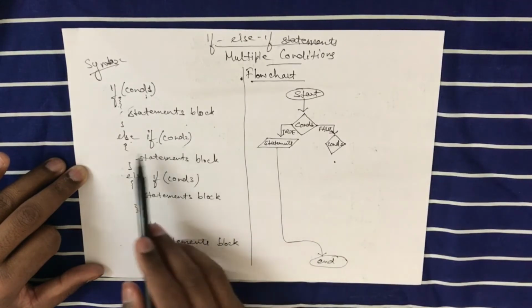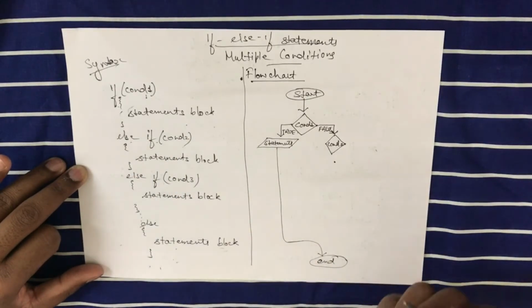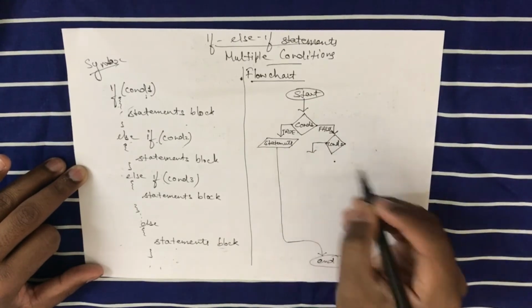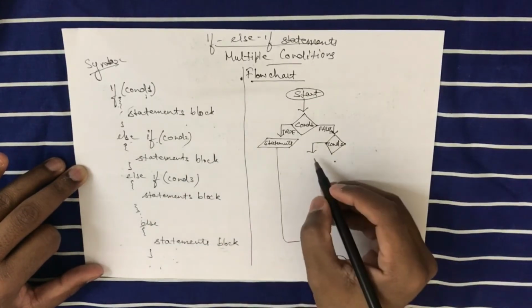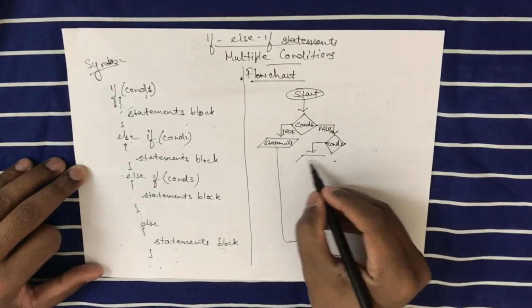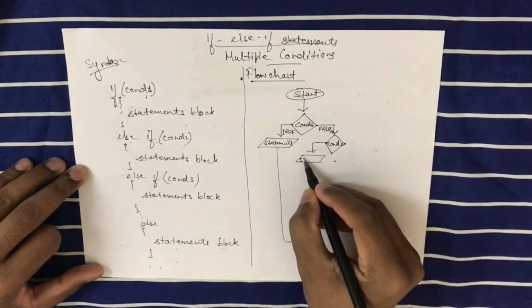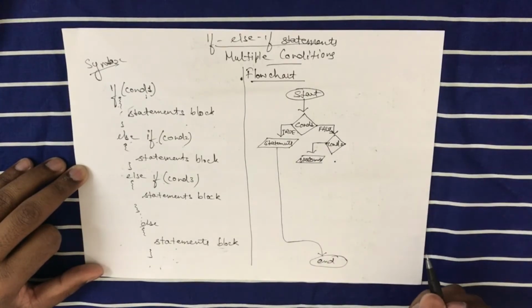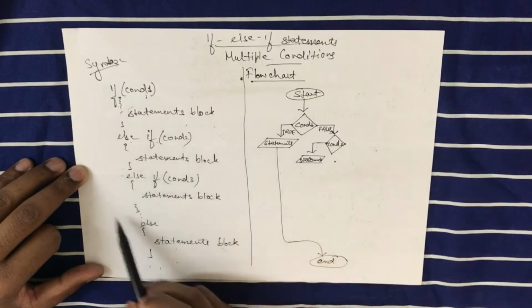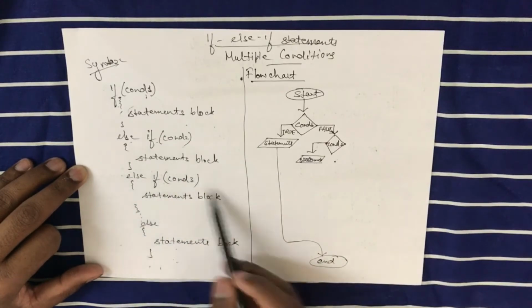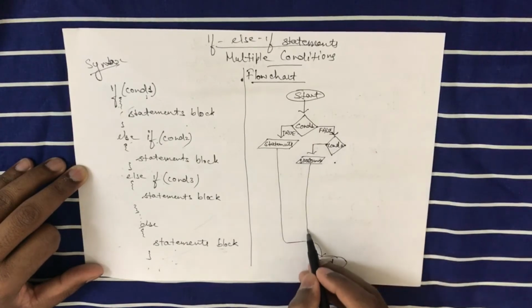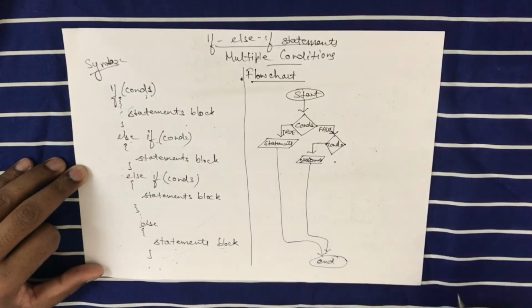So now if this condition gets satisfied, or it gets true, what happens is this statement block gets executed. And after executing it, it skips all these statement blocks or conditions and comes to the end of the program.